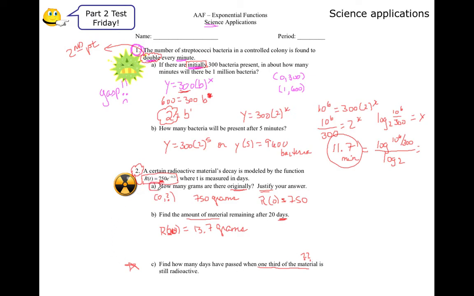This material. How much was there originally? If there was 750 originally, what is 1/3 of that? Right? 1/3 of that would be 250.